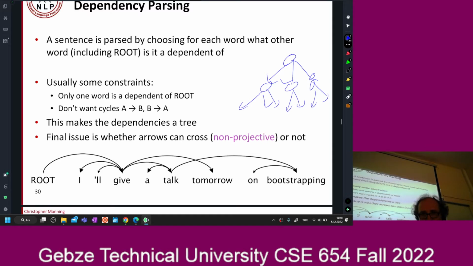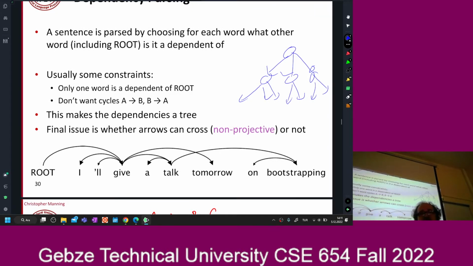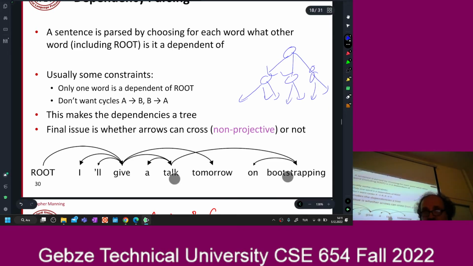By the way, if you have such a grammar, you cannot write a context-free grammar for this one. Context-free grammars, I cannot form. See, this one and this one is forming a constituency. This one is forming a constituency. You cannot mix your constituencies in each other in context-free grammars.